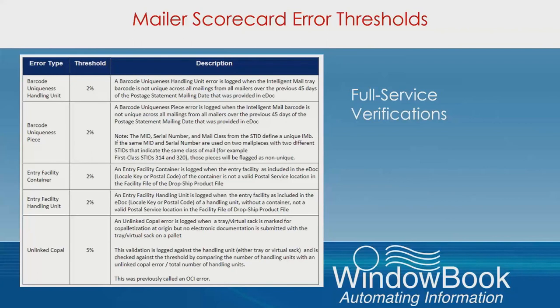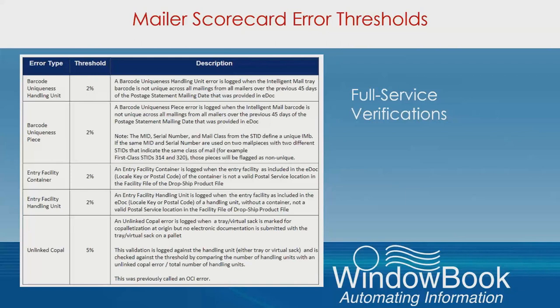Now, the important thing to keep in mind with these verifications is that the validations check both the data on the mail piece, or in some instances, the handling units and containers, and in the EDOC to make sure that there are no conflicts, and the information being verified can also be populated in multiple fields in your mail.dat file.